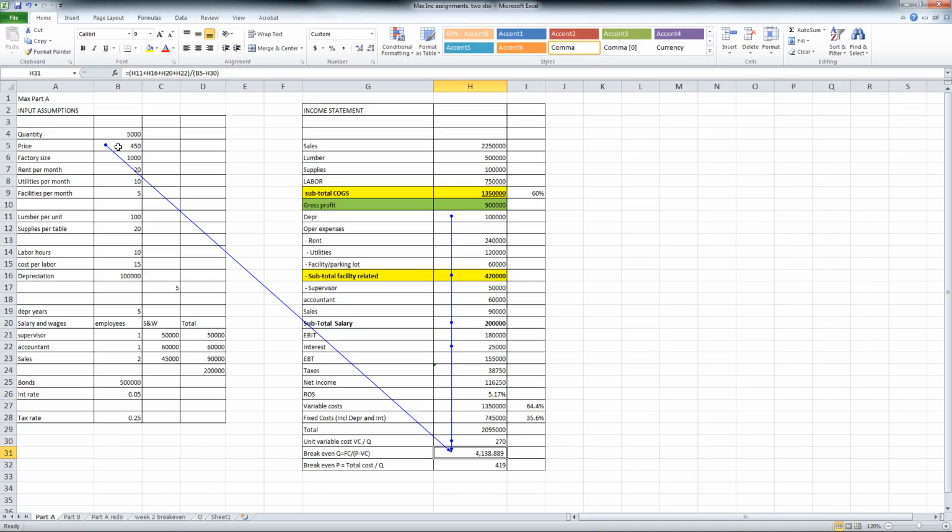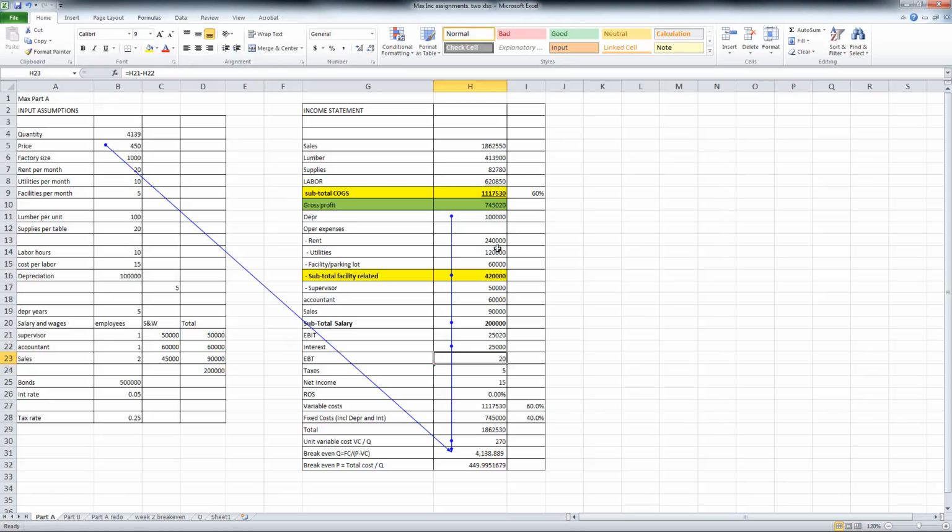So let's say I put in 4139 as a quantity instead of 5,000, and you will see that the earnings before interest and taxes is 20. It's not exactly zero because I'll have to put a fractional number in there. But you can see that if I sell at that quantity, I will be making no profit or no loss at that point. Okay, so that's how we do it.